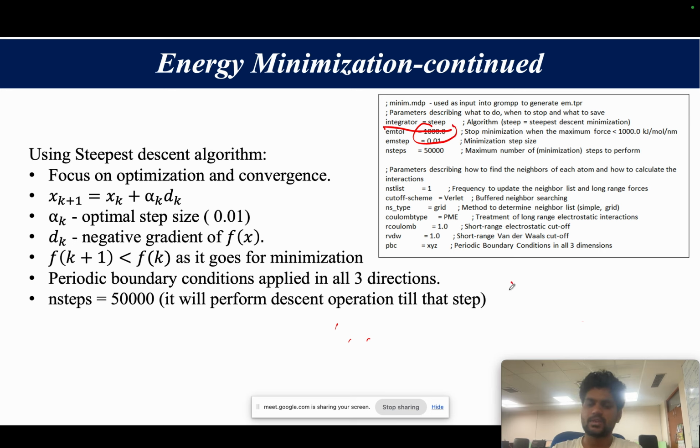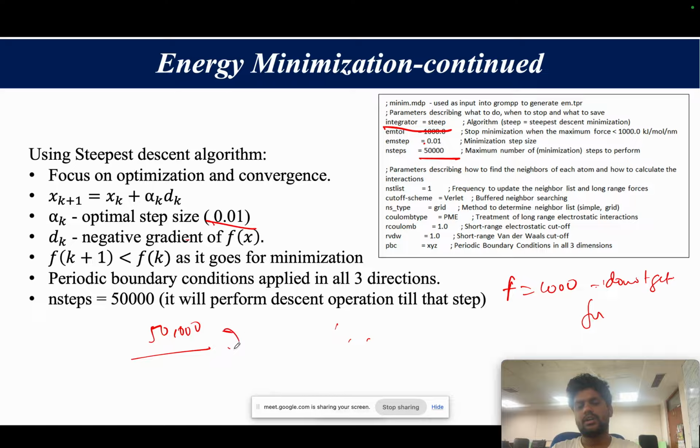If the maximum force is 1000, then please stop, don't go further. So this is our stop function. And emstep is nothing but the optimal step size, which we have given the value of 0.01, and we are running for nsteps of 50,000.